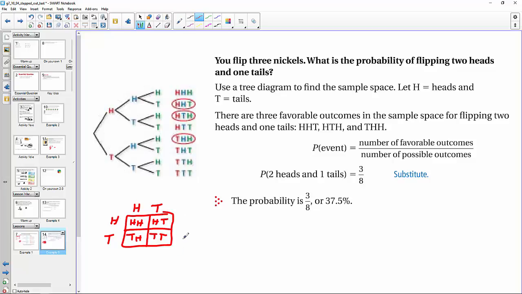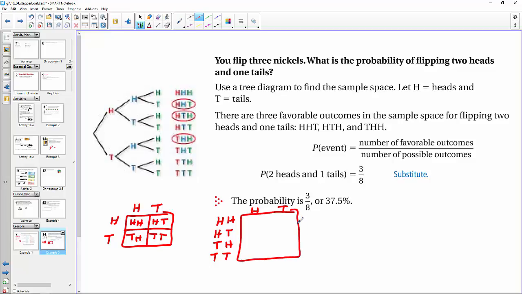I then take these 4 and I put them down the side, just like I had before here. So I'll put down heads, heads, heads, tails, tails, heads, tails, tails. And then across the top I'll put down heads or tails.